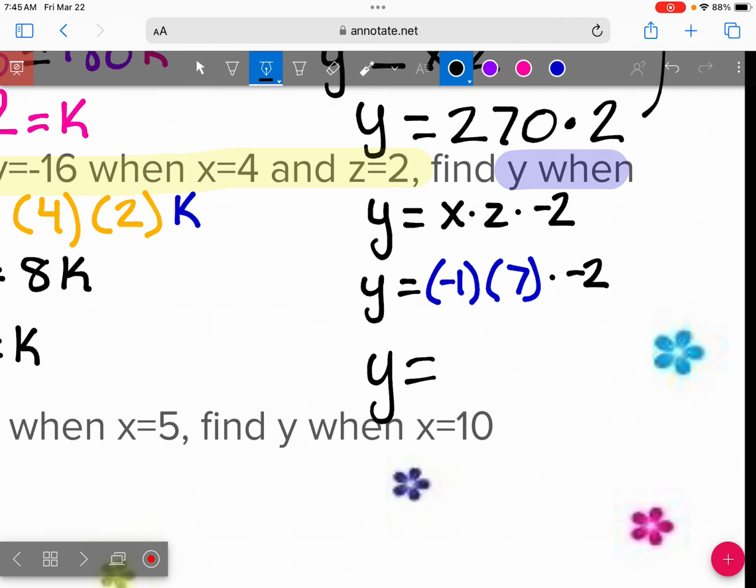So we have negative 1 times 7 times negative 2. What is negative 1 times 7 times negative 2? 14.